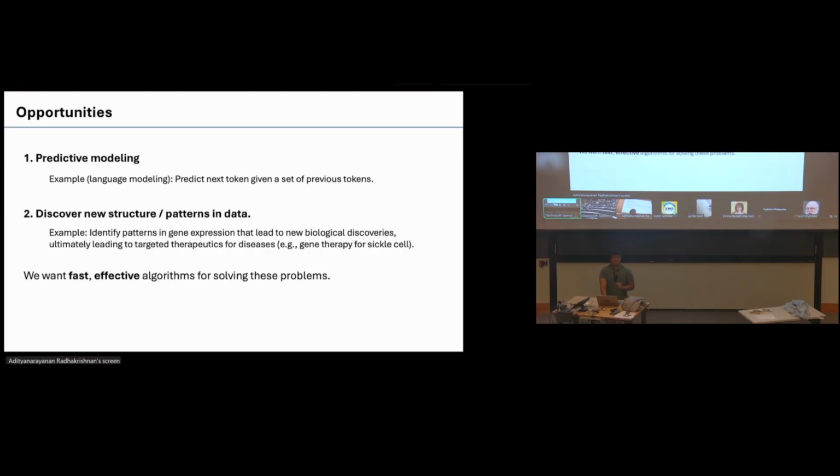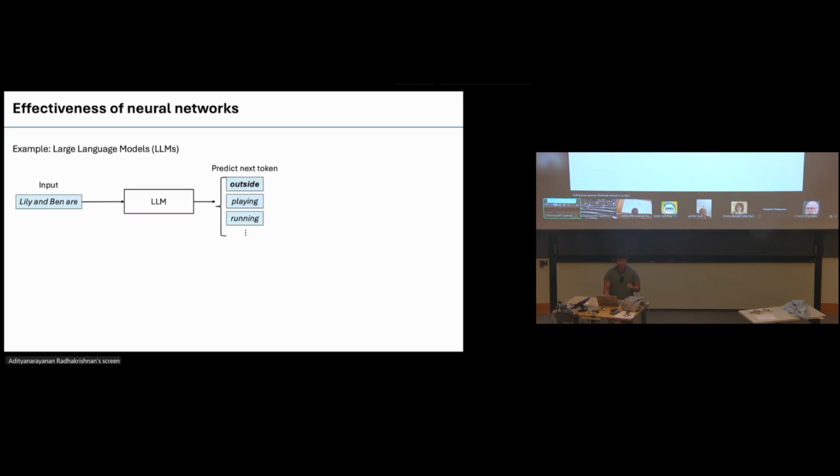So what do we want out of these opportunities? We really want fast and effective algorithms for solving these problems. And what do we have today? Well, on language, I hope it's very clear to many of you, we have large language models which are incredibly effective. And really the pre-training procedure for language models is this idea of next token completion. Yet you can actually see that the inputs to these systems are incredibly high dimensional.